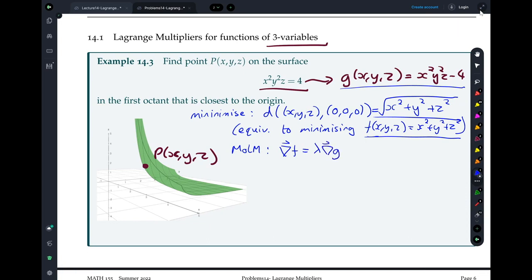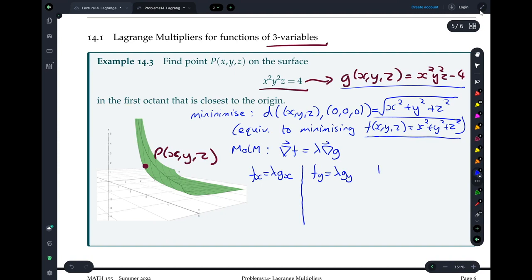So now we're going to have 3 different equations. I'm going to step through this one with you because it gets a little bit complicated. So we're going to have f sub x equal to lambda times g sub x, f sub y equal to lambda times g sub y, and f sub z equal to lambda times g sub z.